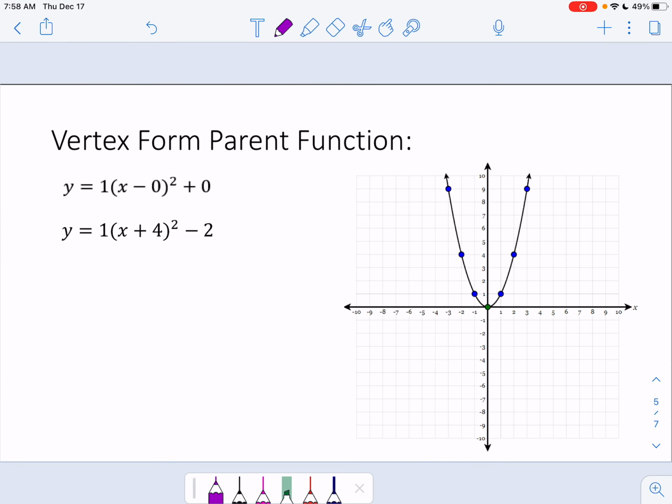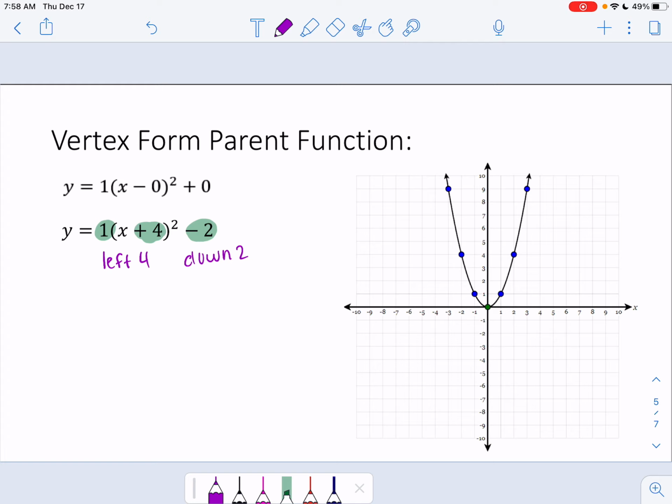Let's take a look at another one. Once again, in black, we have the parent function, and here we have an h, a k, and our a value. So this actually tells me I'm going to shift left 4, down 2.